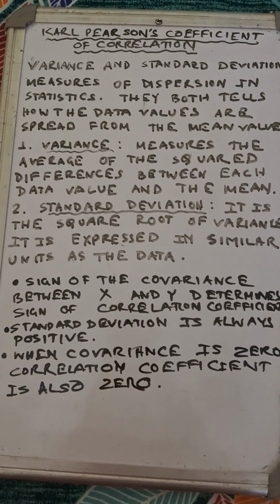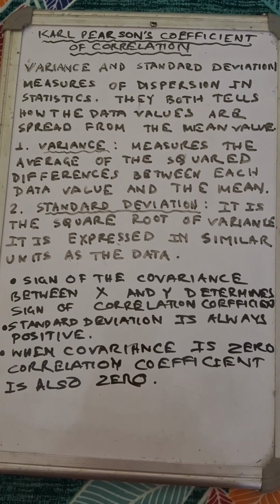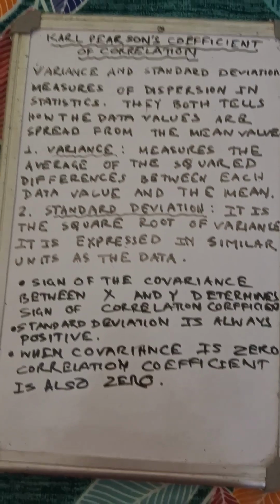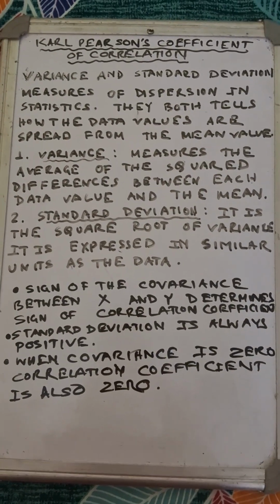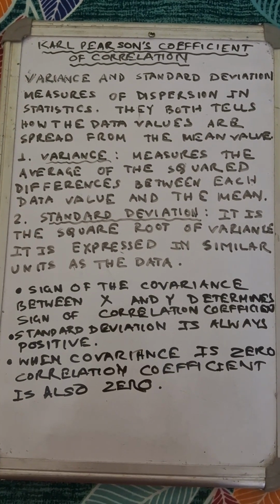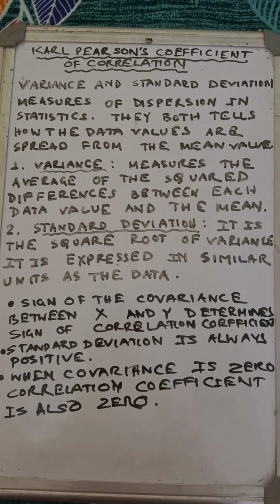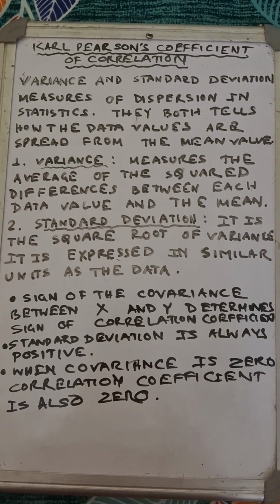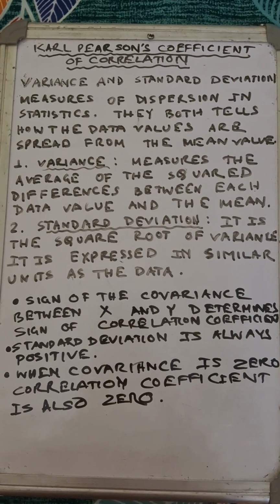Variance measures the average of the squared differences between each data value and the mean, while the standard deviation is the square root of the variance, and it is expressed in the same units as the data.